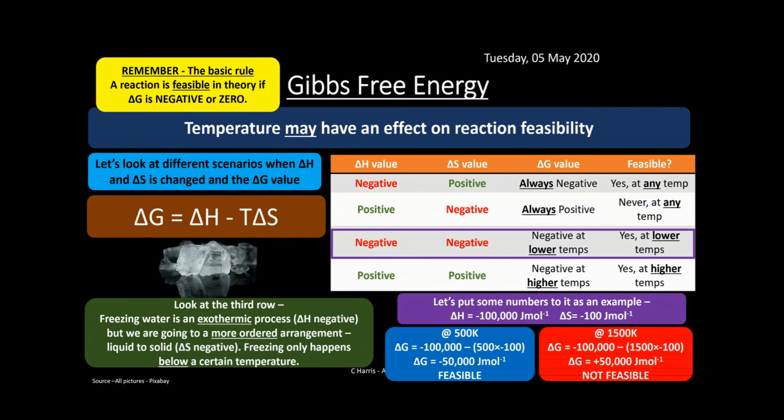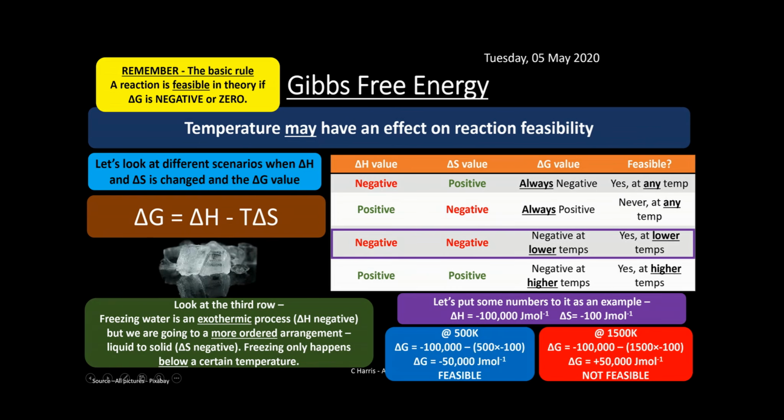But if we increase the temperature and put the same numbers in, notice we get a delta G of plus 50,000, so it's not feasible. You'll see the effect of temperature: all we've changed there is temperature. So it is feasible at a lower temperature, but not at a higher temperature.